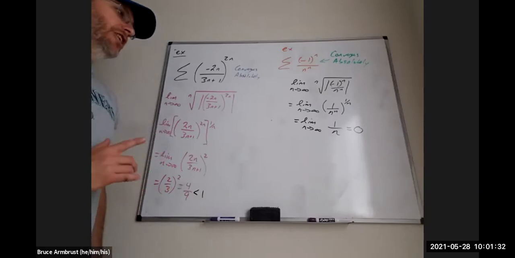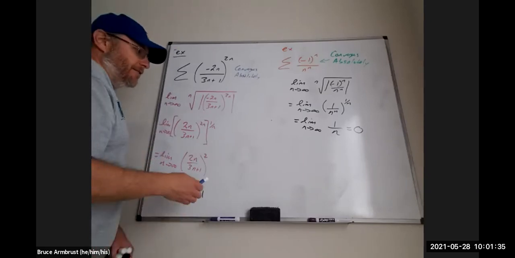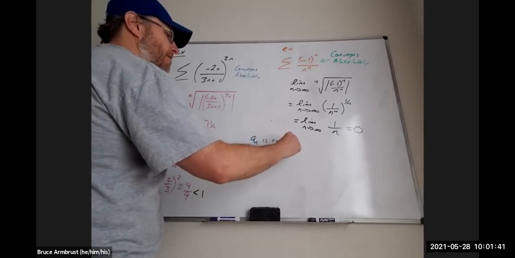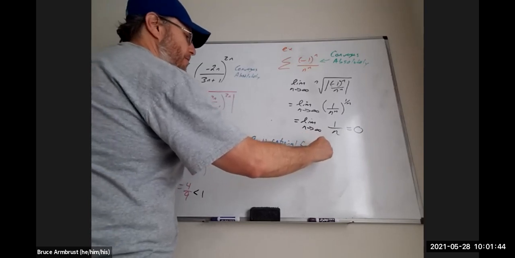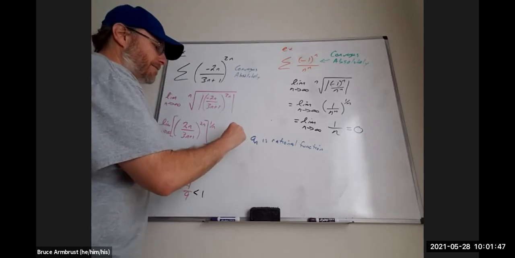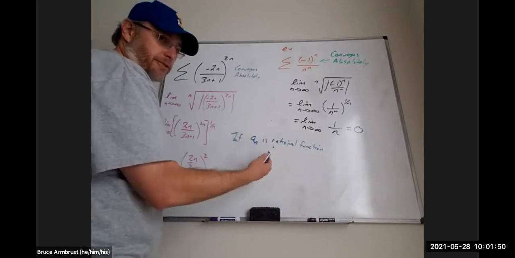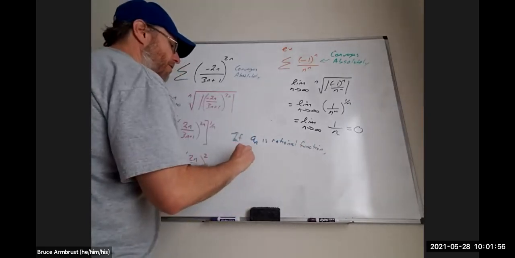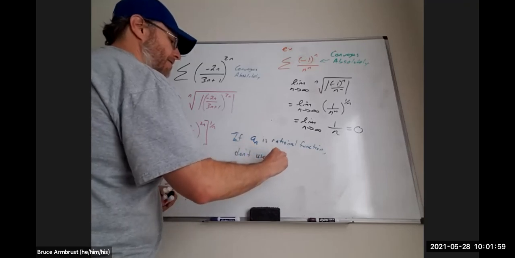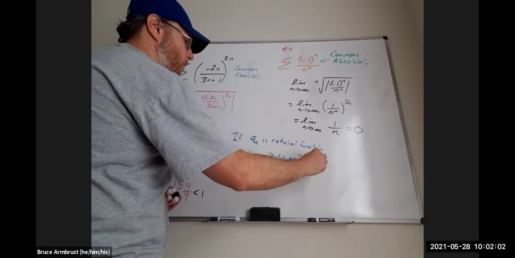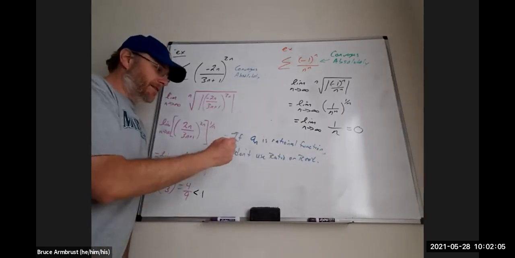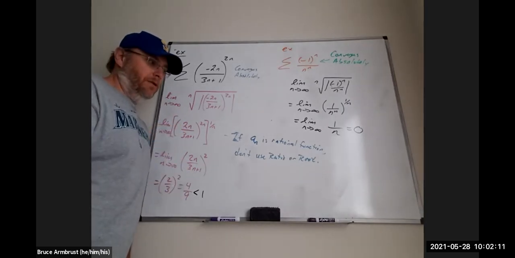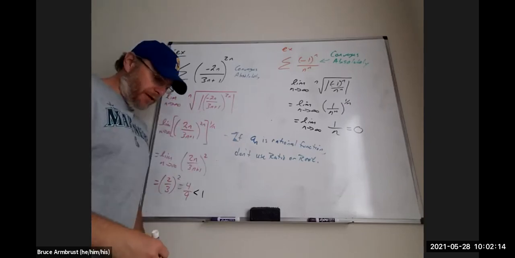In general, if a sub n is a rational function, which means it's a fraction, so we don't have powers of n or anything, it's just a fraction of polynomials, don't use either of these, because you're going to get a limit of 1 always with those. So if it's a rational function, don't use the ratio or the root test.